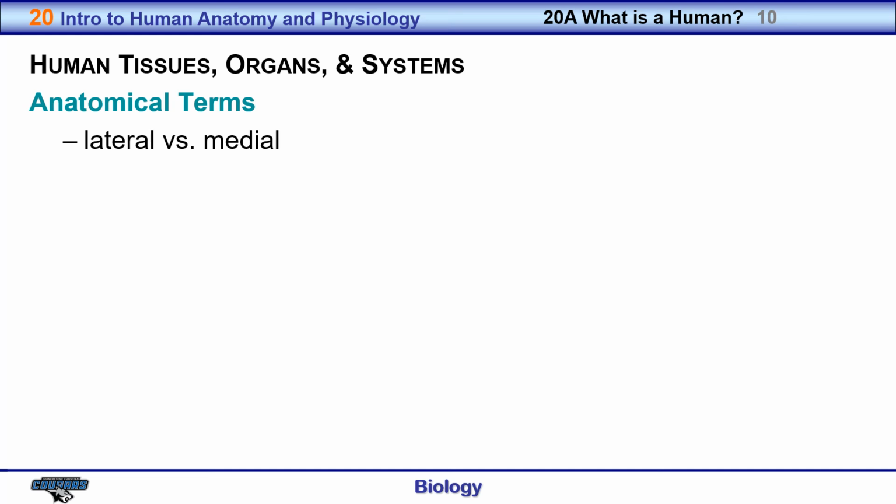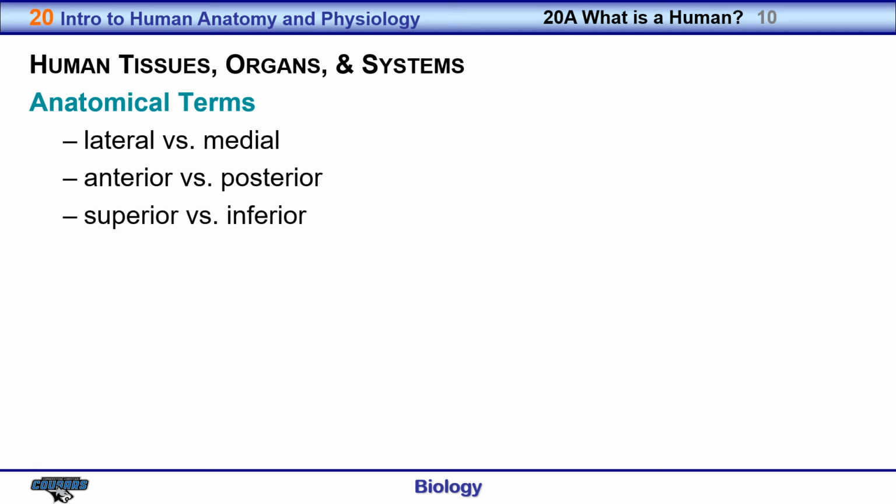If you think about math, you have a term like the median. That means it's closer to the middle. Then we have another pair of terms, anterior and posterior. Anterior means towards the front. So if you're standing upright, it would be on the stomach side of your body. And posterior is toward the back, where your backbone is located.